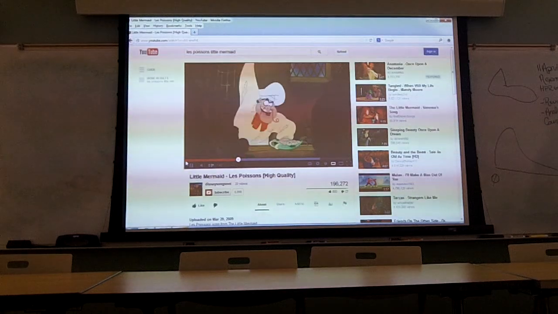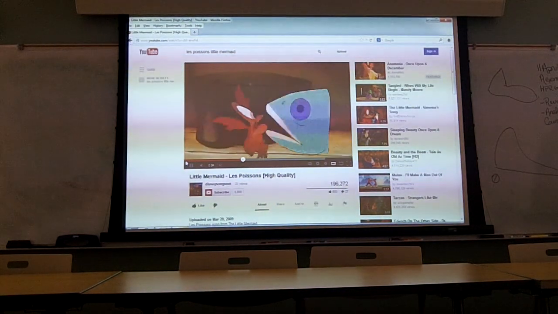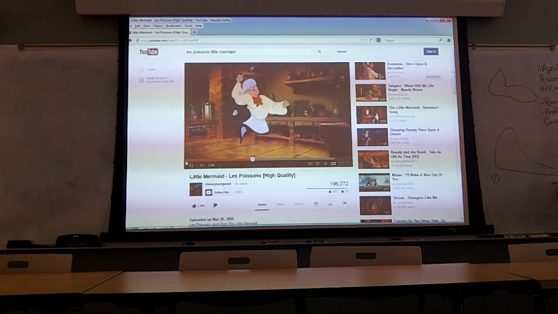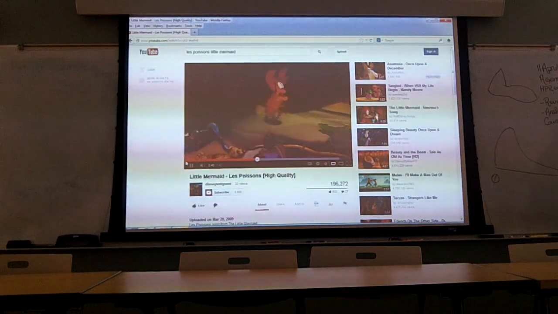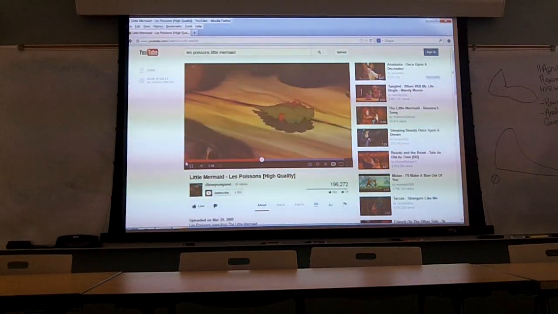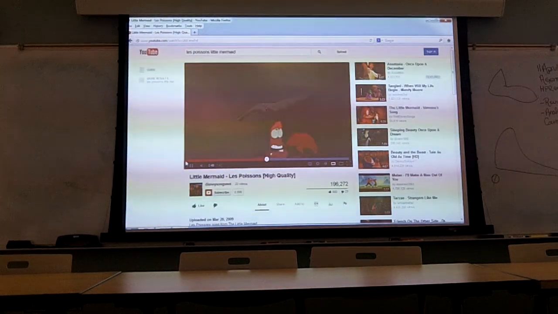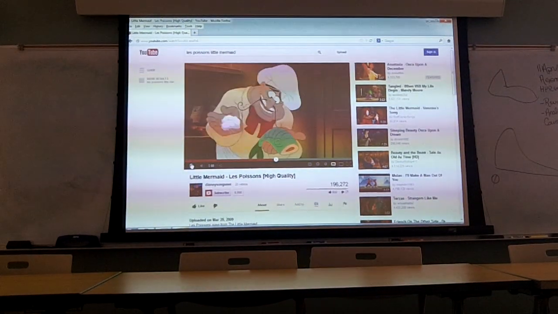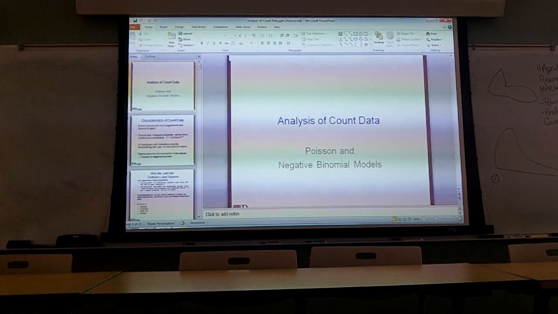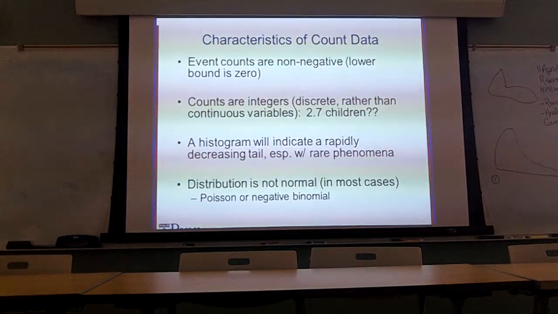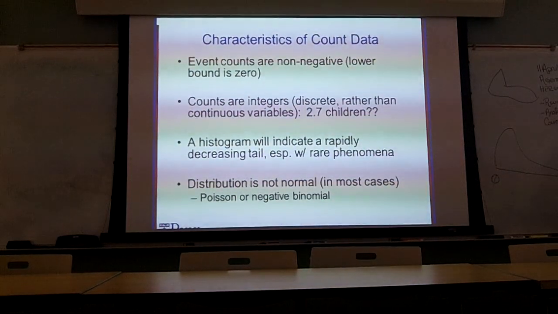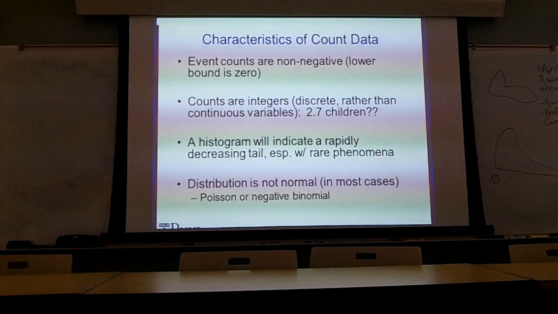Le poisson means fish in French. So now we understand why it's called a Poisson distribution, because it's shaped like a fishtail. A little bit of humor here for us.